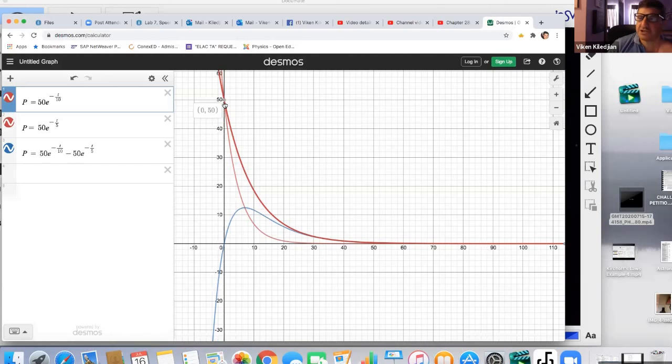And do you see why initially the resistor dominates? Because all the power that the battery is producing is going to the resistor. The resistor power also starts high. Why? Because initially the current is very high. As soon as you connect it, the capacitor is uncharged, so the current is very, very high.